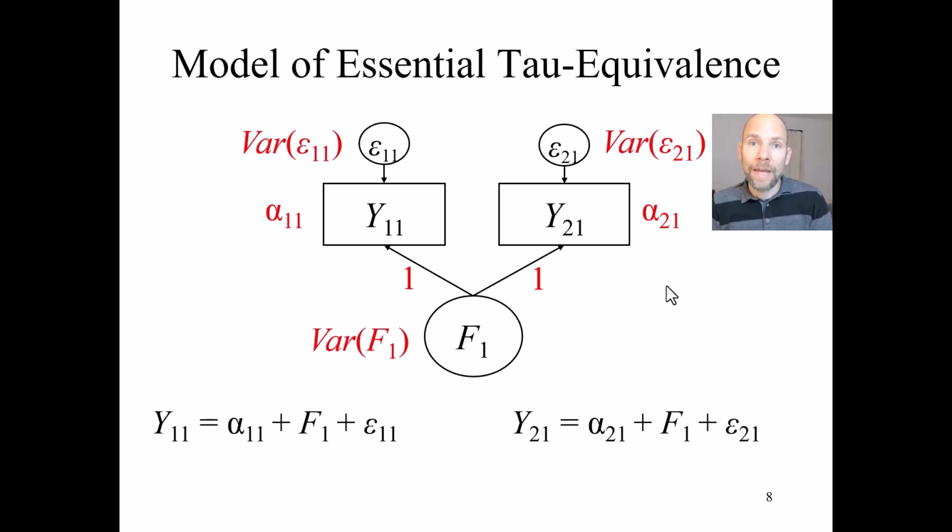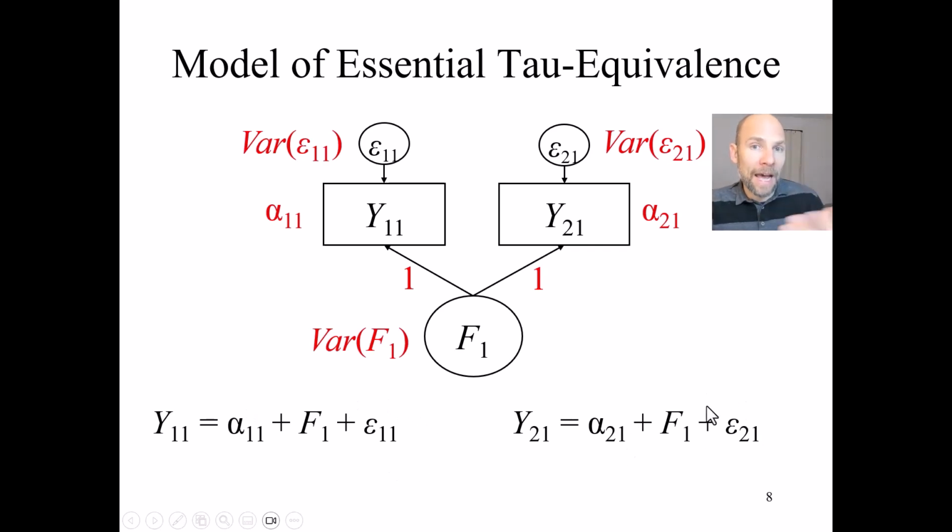And so then we can apply rules of covariance algebra and algebraic rules for expected values to figure out how the observed variable means and variances are connected to the unobserved information on the right hand side of the measurement equations.